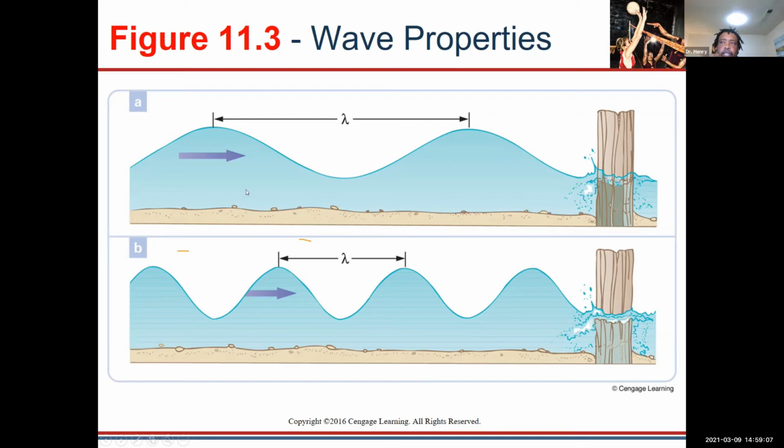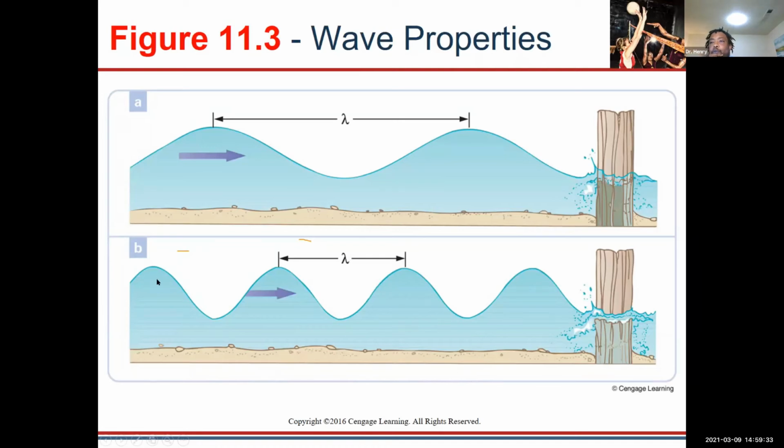So which frequency is greater? This one or this one? A or B? Not A, B. So B would be the correct answer, right?